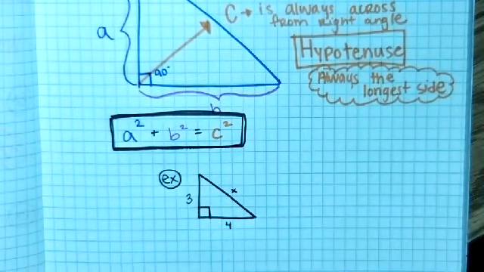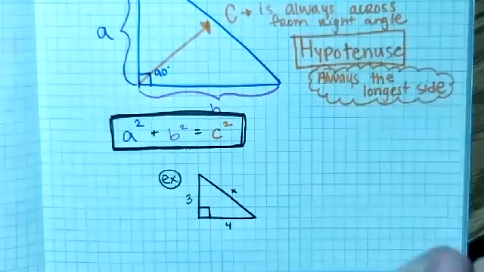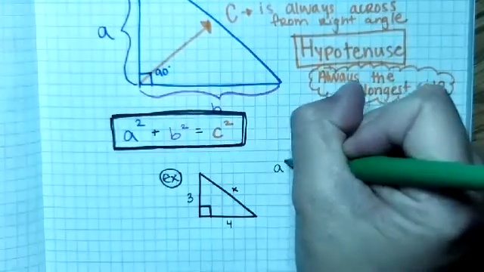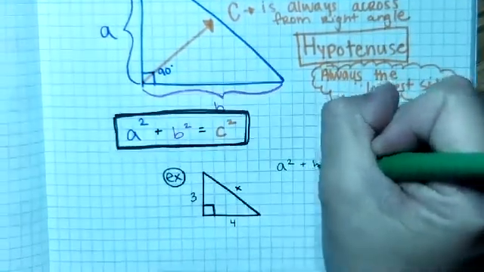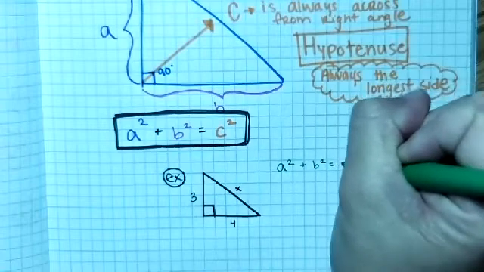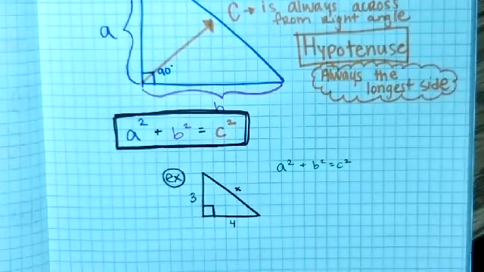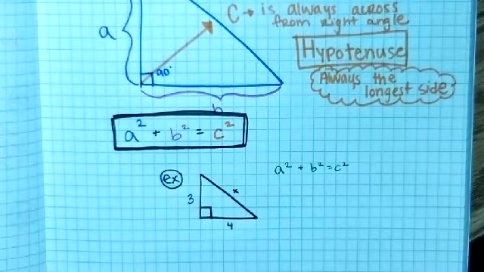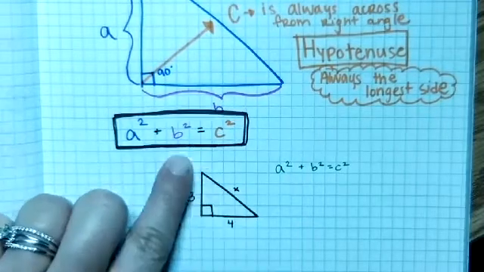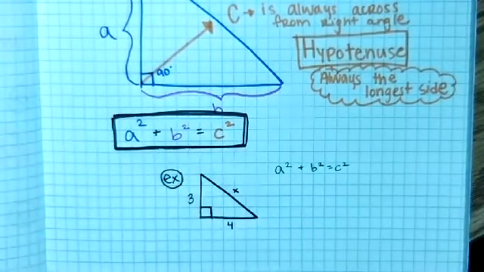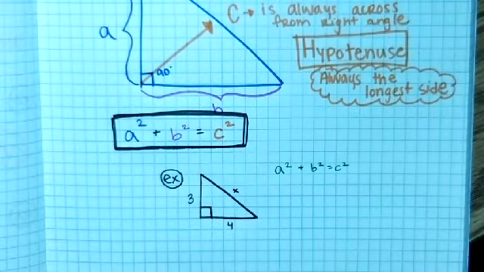So go ahead and copy it down. And now I know that I need to set up my A squared plus B squared equals C squared. That is my Pythagorean theorem. I know that I'm going to need to use that because I'm searching for a side length. Right here is my X. I'm looking for a side length, so I know that I need to use Pythagorean theorem.